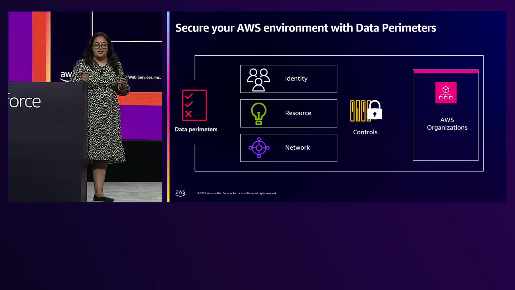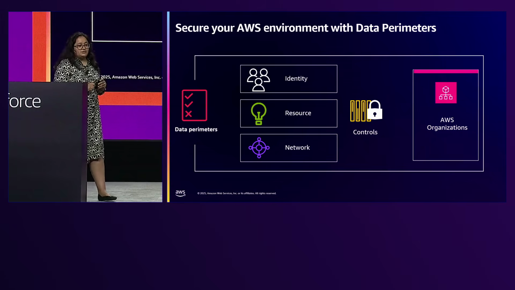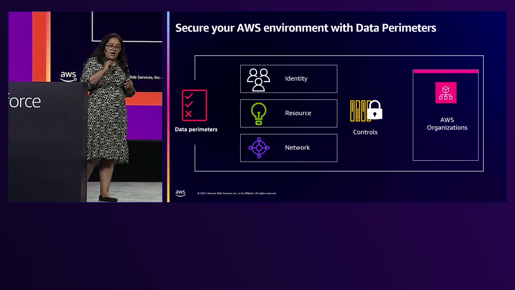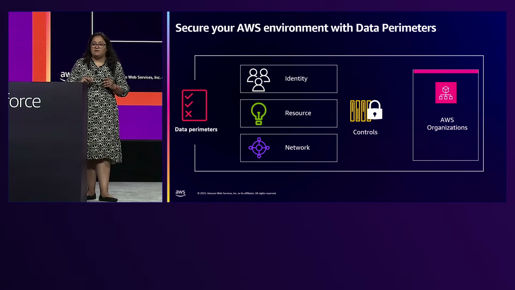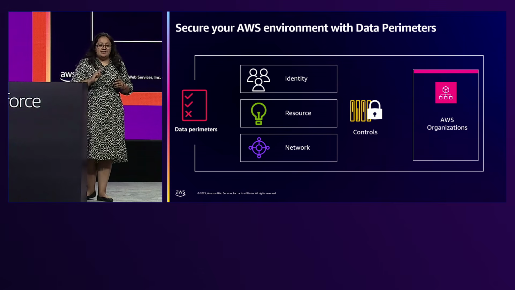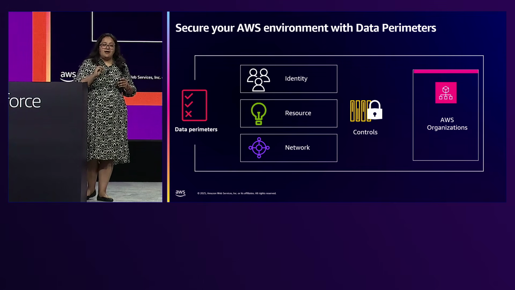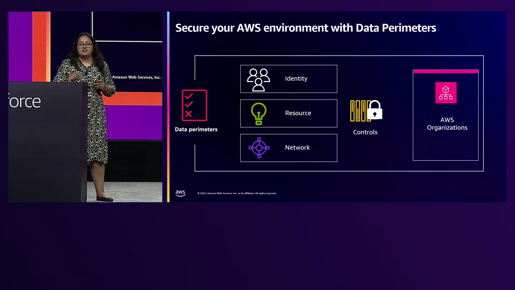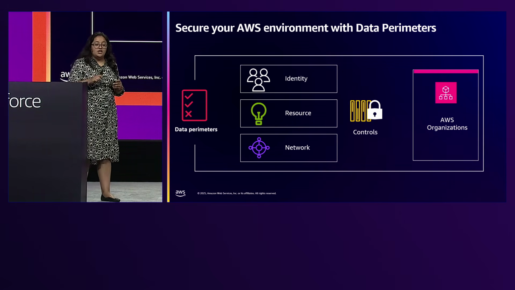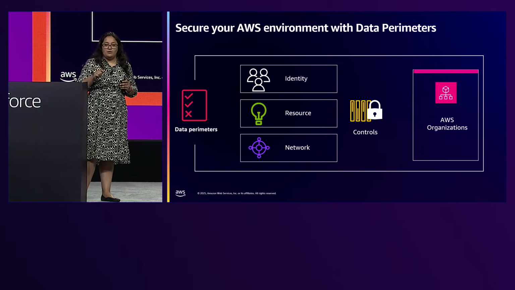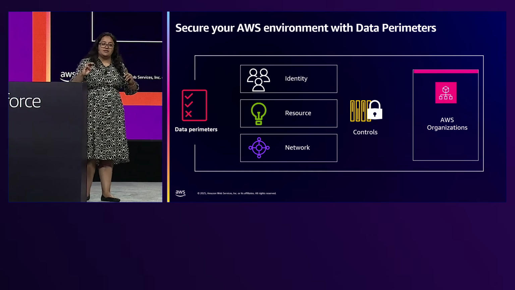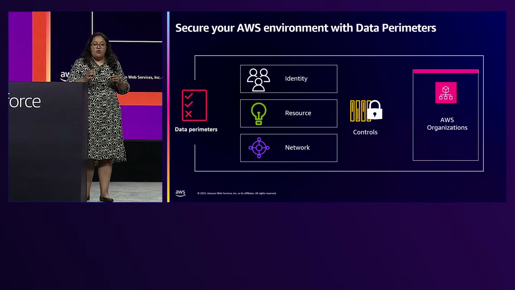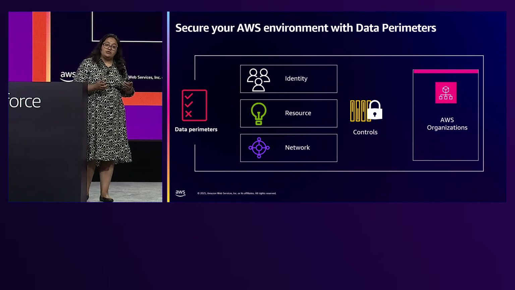You create a data perimeter around your AWS environment, and it is really a set of permissions, guardrails in your AWS environments that does three things. It says only the right expected user identities should be able to access your expected resources through expected networks. So three big data perimeters that protect your data. And it starts with you defining what those trust boundaries are.